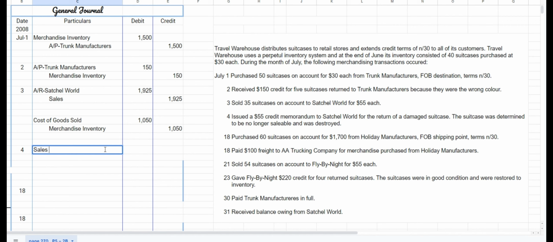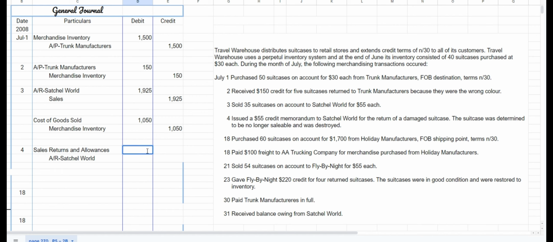So the debit account is sales returns and allowances. And the credit account is accounts receivable, since you're letting them pay less money. So they owe you less money. And how much less do they owe you? They owe you $55 less.